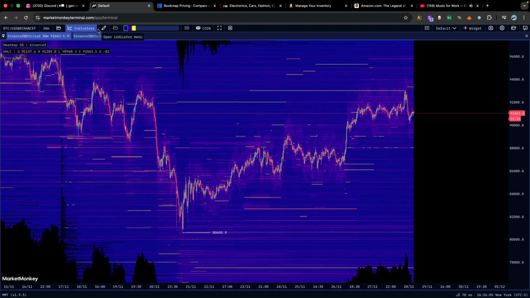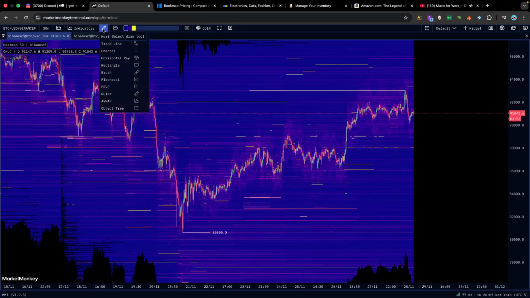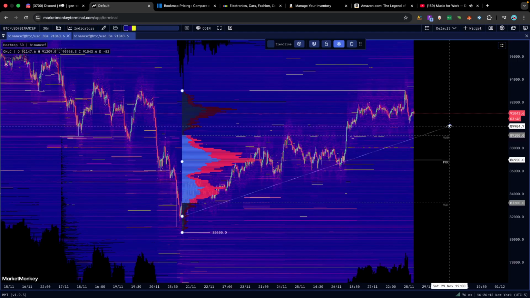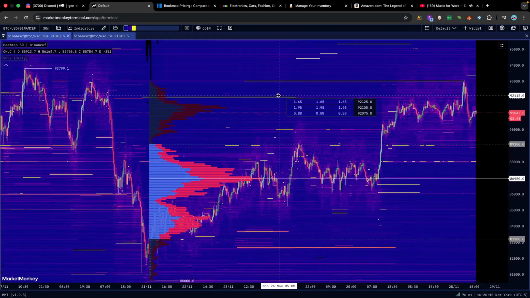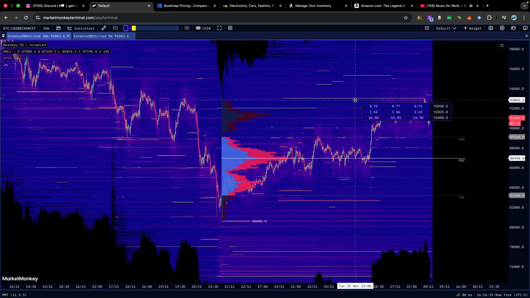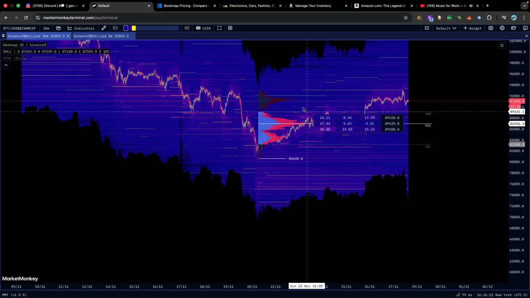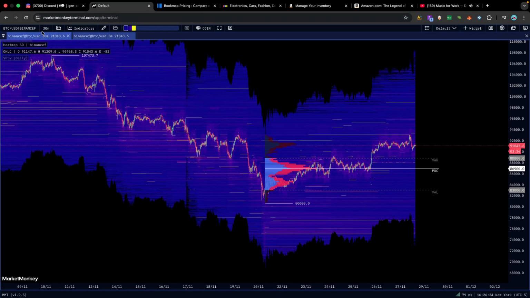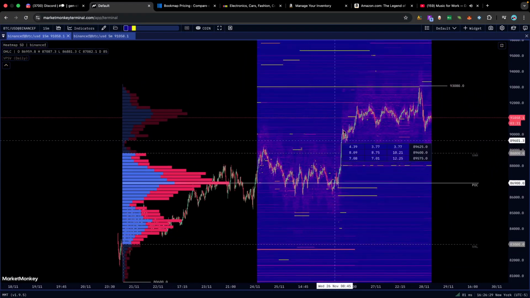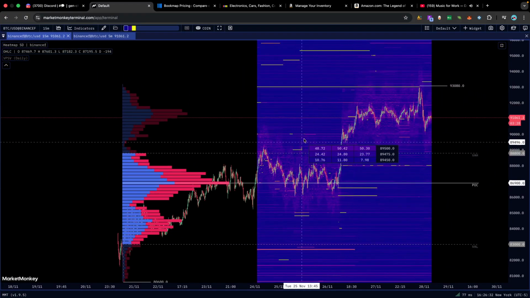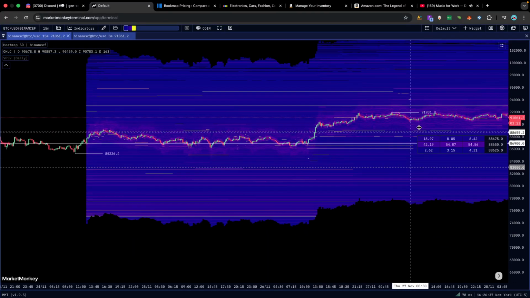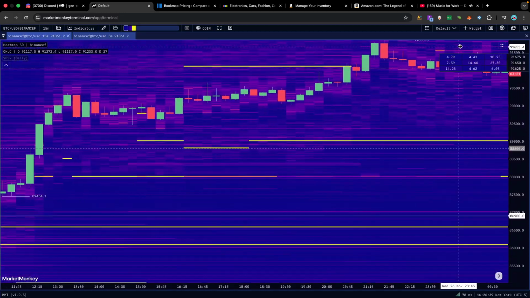Let's do some volume pools on here. There we are. And I do want to point this out again: the volume, just this program in general, Market Monkey, is incredible. Look how fast everything loads. And they have this function on here where if you right click, you can zoom in really quickly.